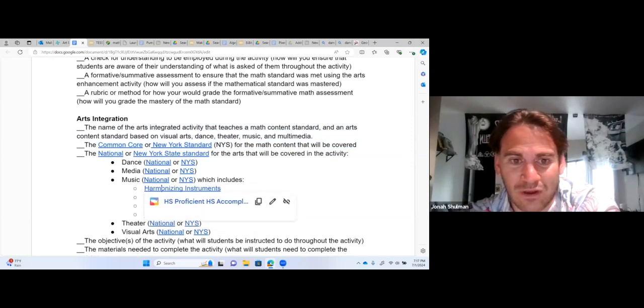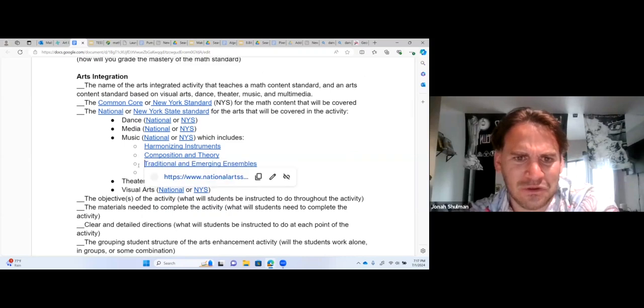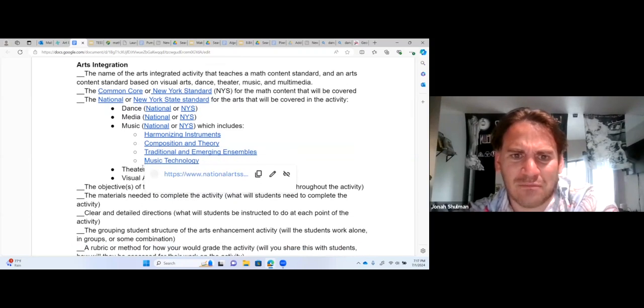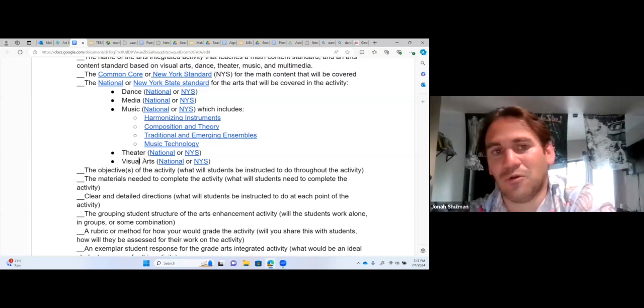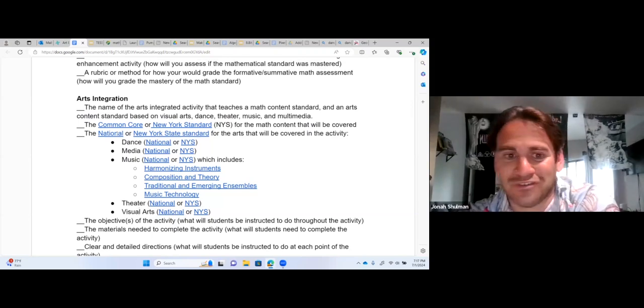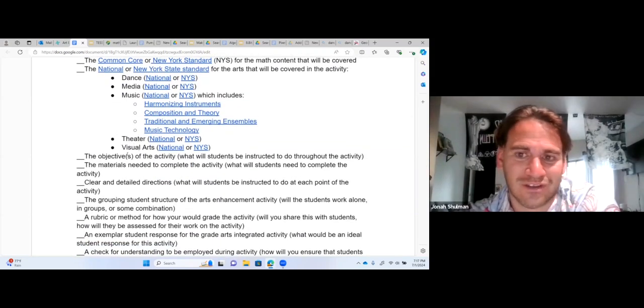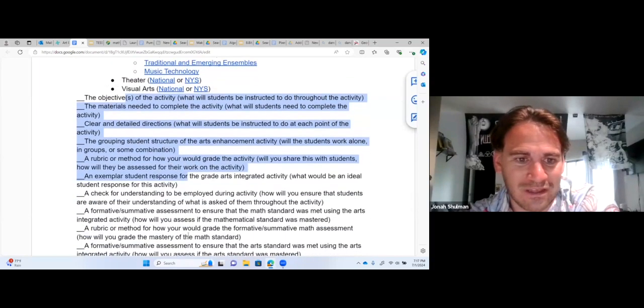There's different ones: harmonizing instruments, composition and theory, traditional, music technology, if you want to do theater or visual arts. So you actually have to do a Common Core standard as well as an art standard within it, a national art standard.